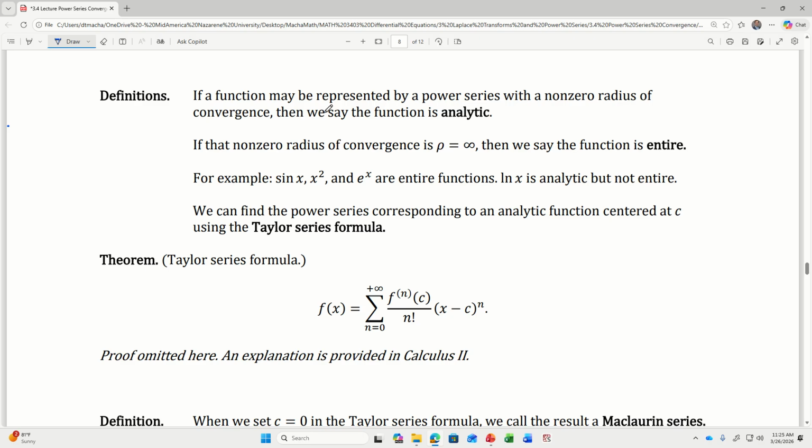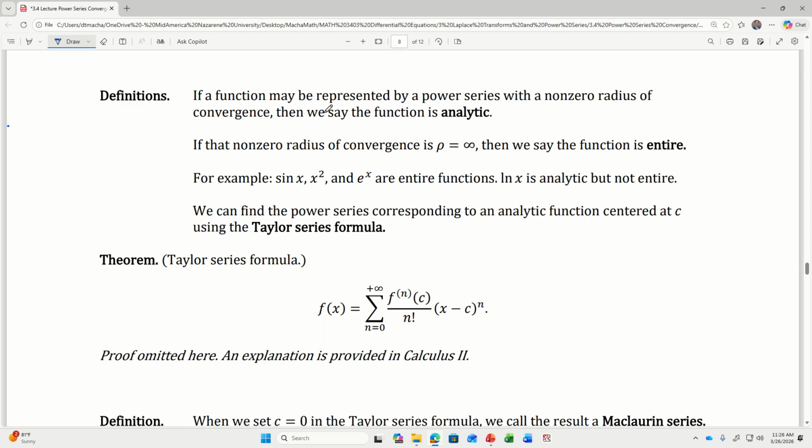The same thing for rational functions. Those would be analytic, but not entire. The same thing for tangent, because there's places on the real number line where tangent has vertical asymptotes. That would be analytic. We can describe tangent with the power series, but the radius of convergence is going to be limited.